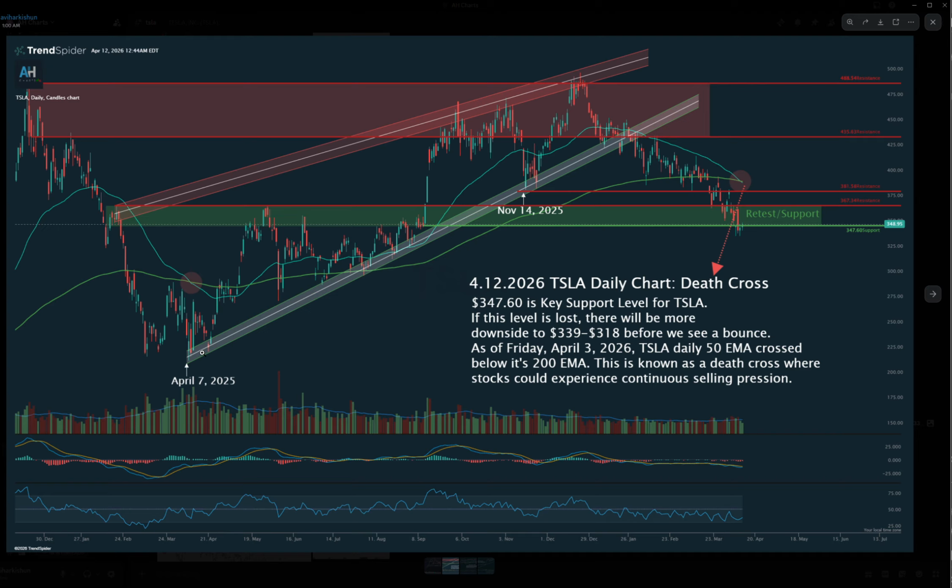The bottom was already in after that death cross, and Tesla continued to rip to the upside. This is April 2025. You're seeing the same thing here again. So whether or not this is going to play out, where the news is in, we have peace in the Middle East and with the US, and Tesla has the same thing happen, where you see that death cross but continue to move up.